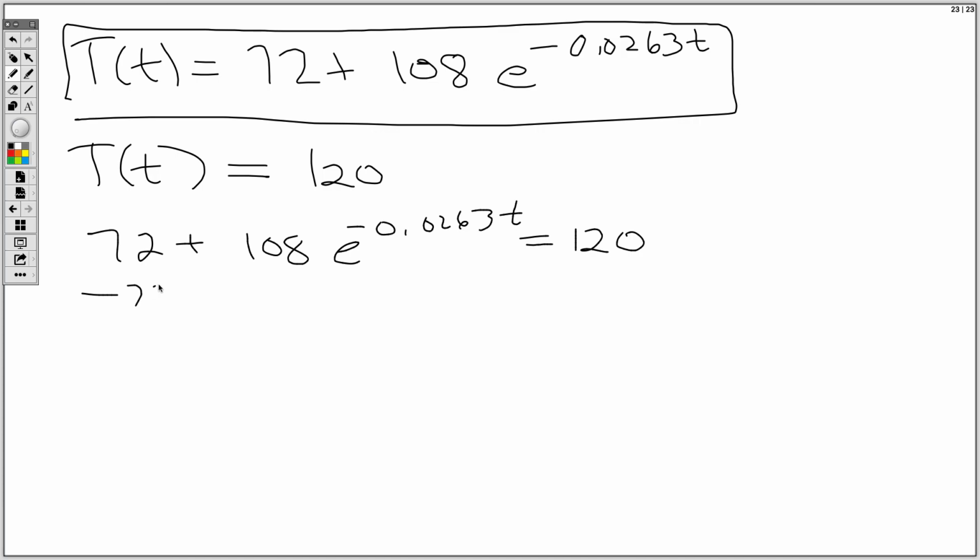We're going to subtract the 72 from both sides. And what's 120 minus 72? 48.